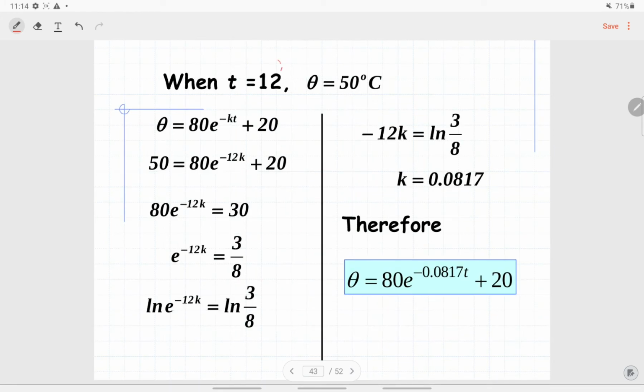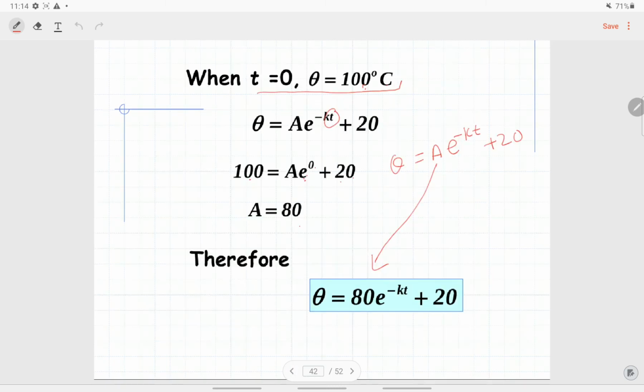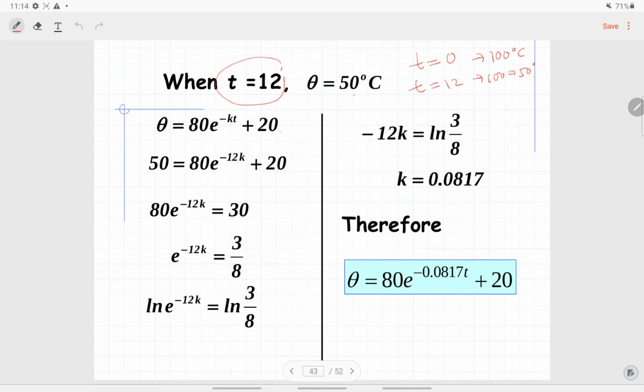When t equal to 0, it is 100 degrees Celsius, so it takes 12 minutes to cool down from 100 to 50. So now at t equal to 12, the theta value is 50. Just now we have 80 exponential negative kt plus 20, right here.